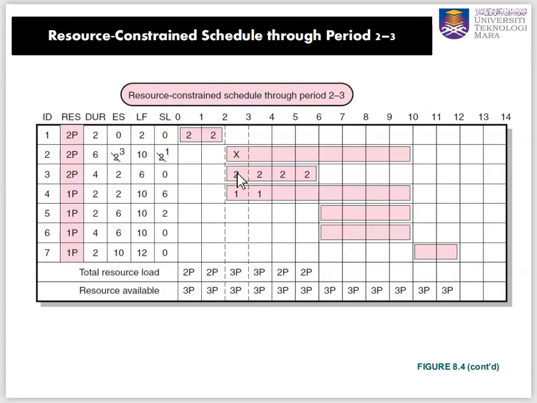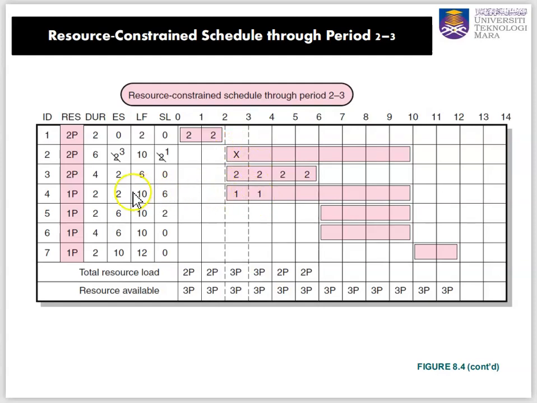So activity 3 will start at the end of day 2. We'll run for 4 days, and finish at the end of day 6. Because we cannot start activity 2, we still have a backup of 1%.